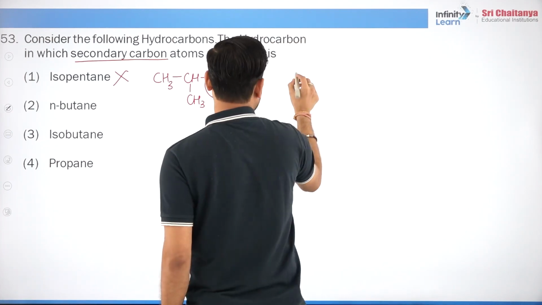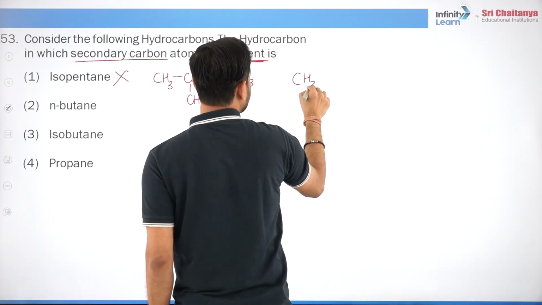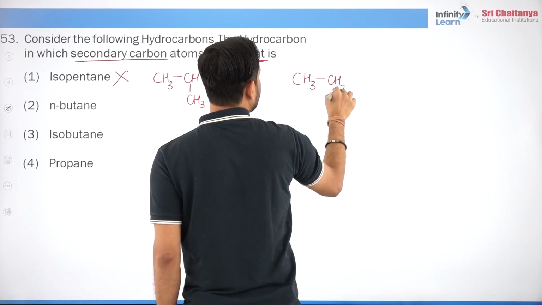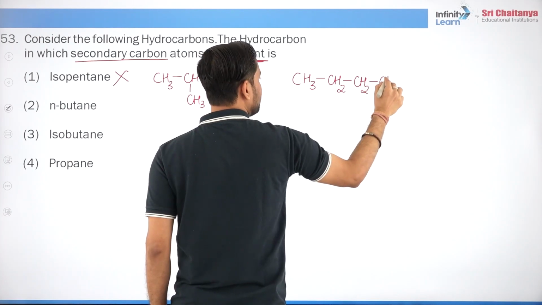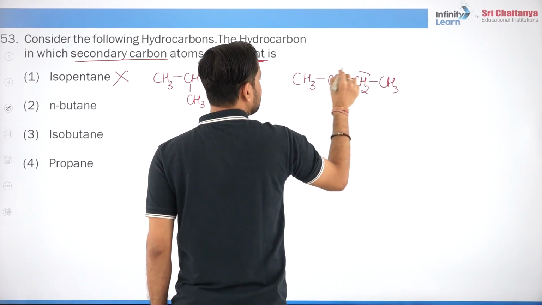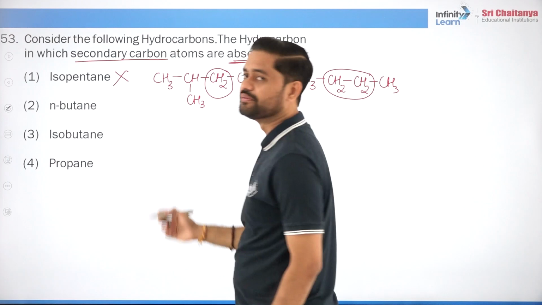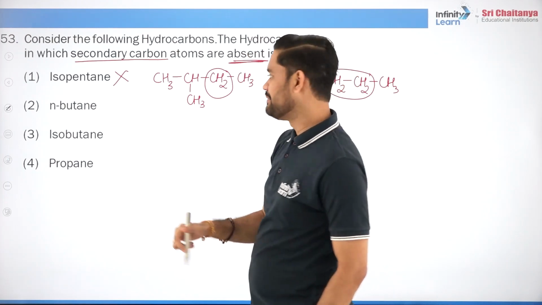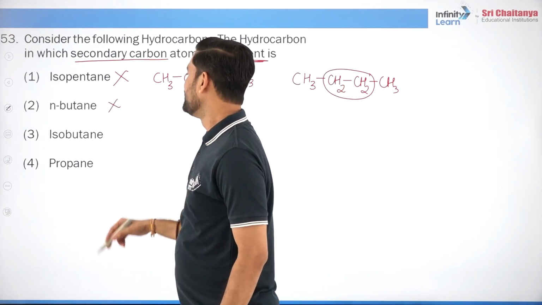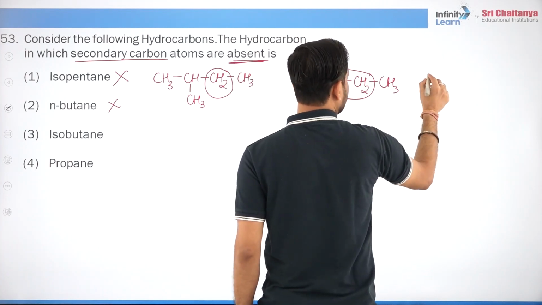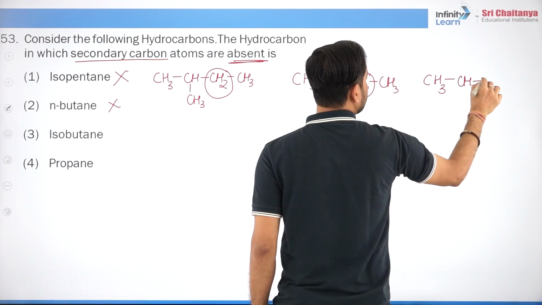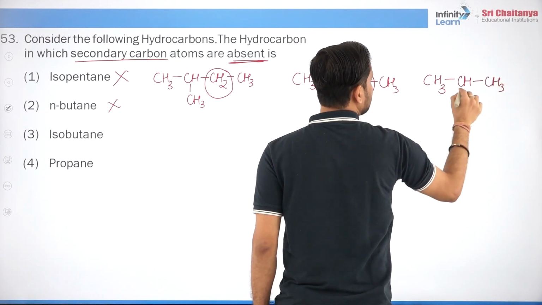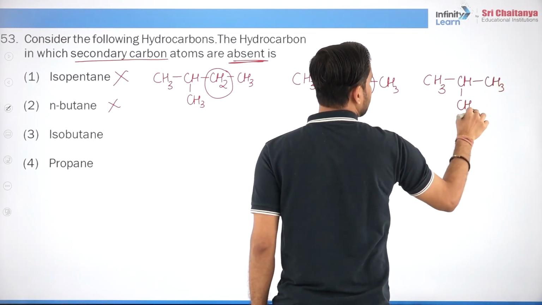Talking about n-butane, n-butane can be drawn as CH3, then CH2, then CH2, and then CH3. See, there are 2° carbon atoms, hence this is not the right answer. Talking about isobutane, isobutane can be drawn in this way: CH3, CH, CH3, CH3.